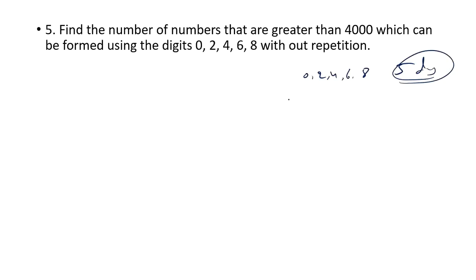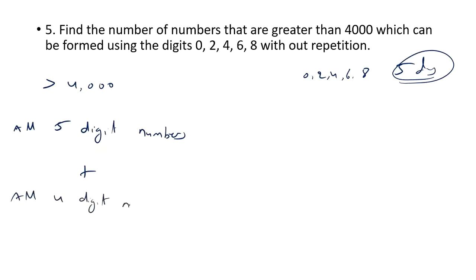Now greater than 4,000 means we'll have all 5-digit numbers, since all 5-digit numbers are greater than 4,000, plus all 4-digit numbers starting with 4 or 6 or 8.